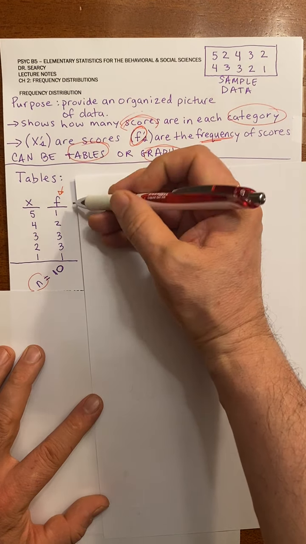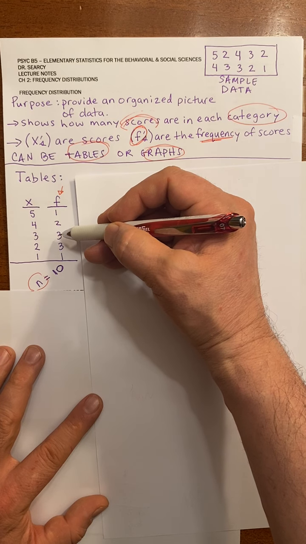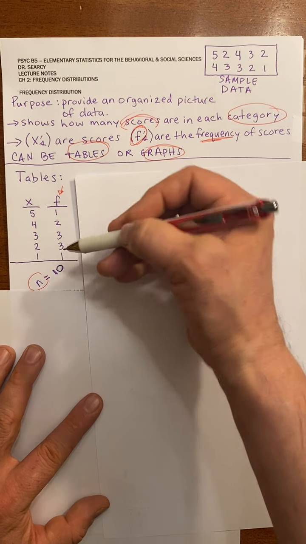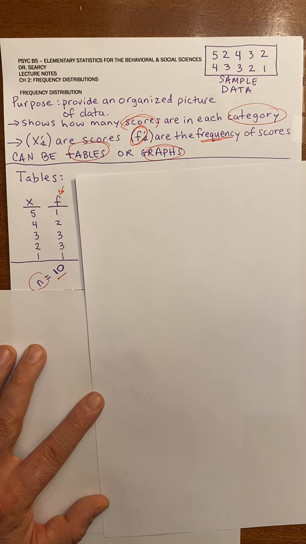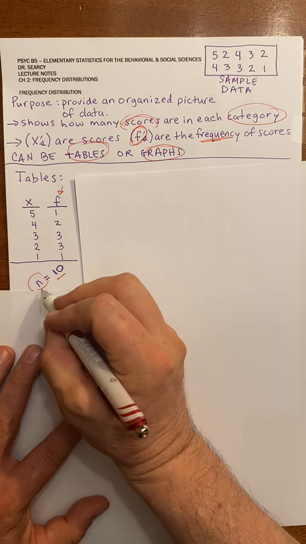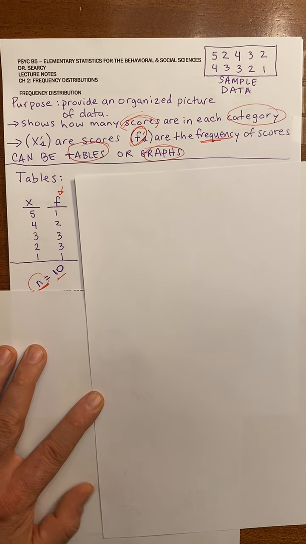So let's go ahead and count. We got 1 plus 2 is 3, plus 3 is 6, plus 3 is 9, plus 1 is 10, right? So that's one way that you could find your value of n for a sample of data that you've collected.